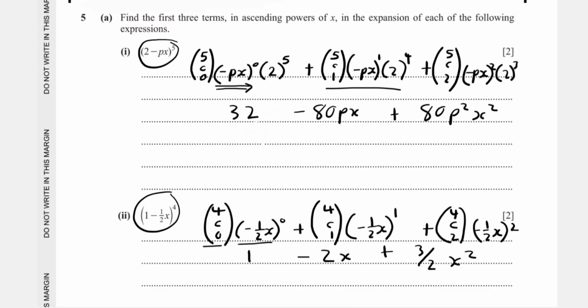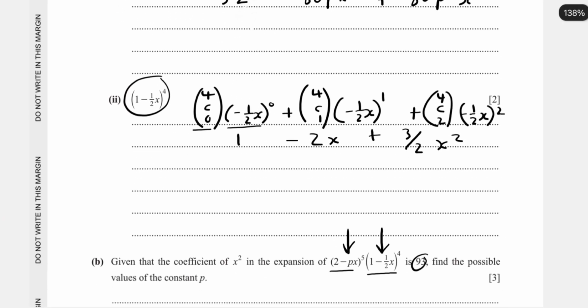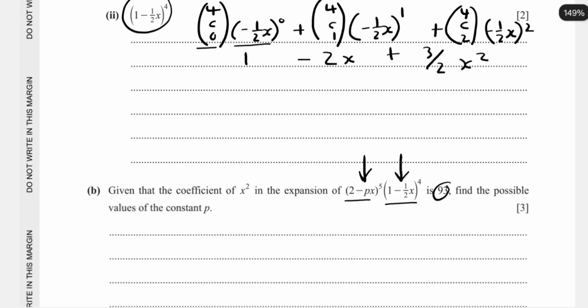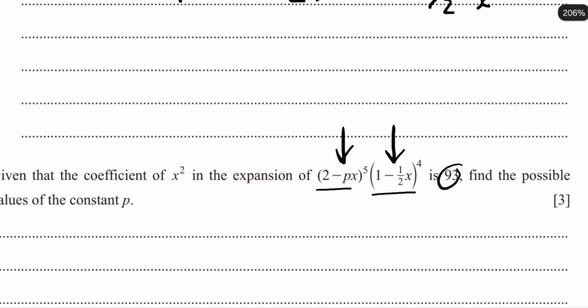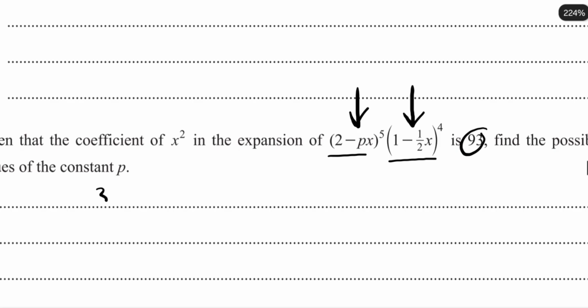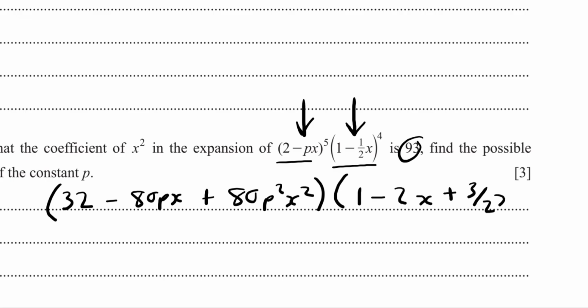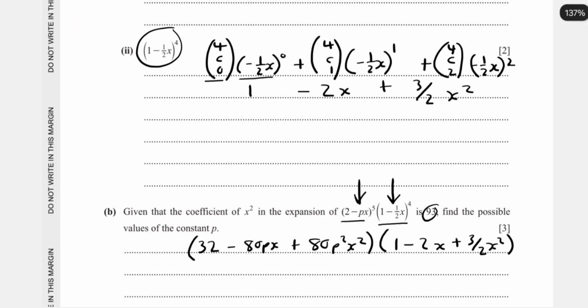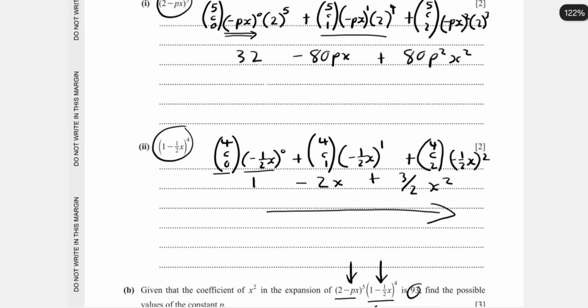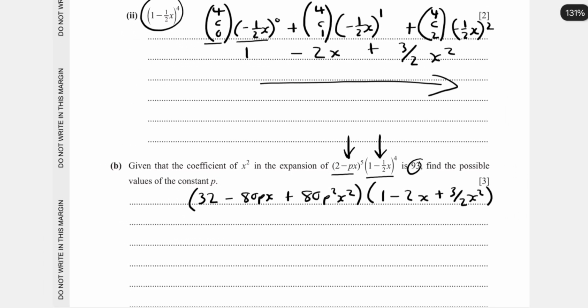So what they're trying to say here is we can rewrite this to be 32 minus 80px plus 80p squared x squared, right, being multiplied by 1 minus 2x plus 3 over 2 x squared, right? This being multiplied by this, right?